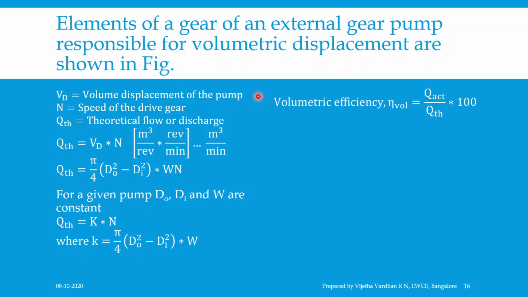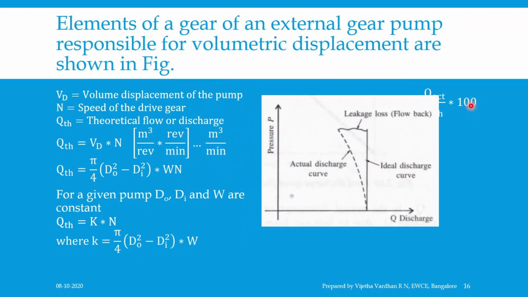Then what is called volumetric efficiency? The volumetric efficiency is defined as the ratio of actual discharge to the theoretical discharge, and mathematically the formula is Q actual by Q theoretical into 100. Now Q actual will be less than Q theoretical due to internal leakage, as explained just above.